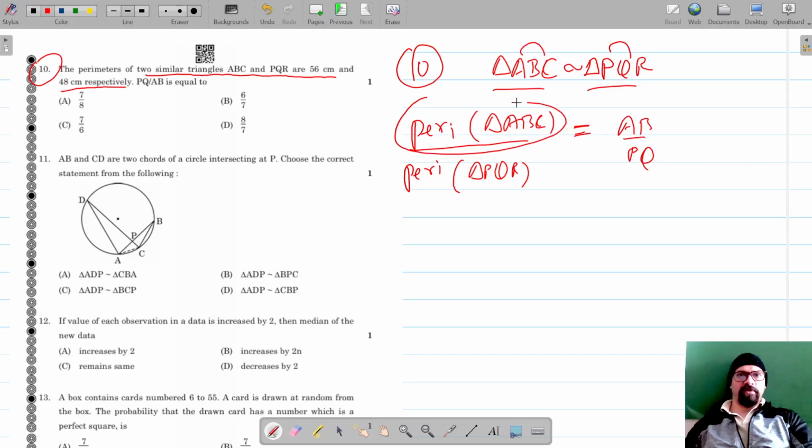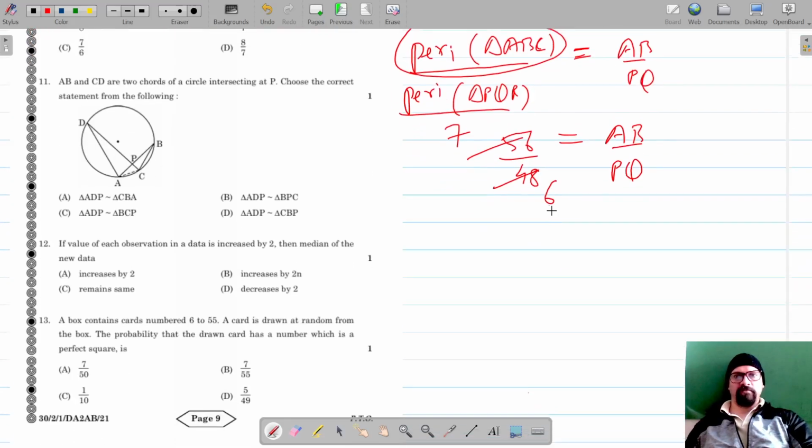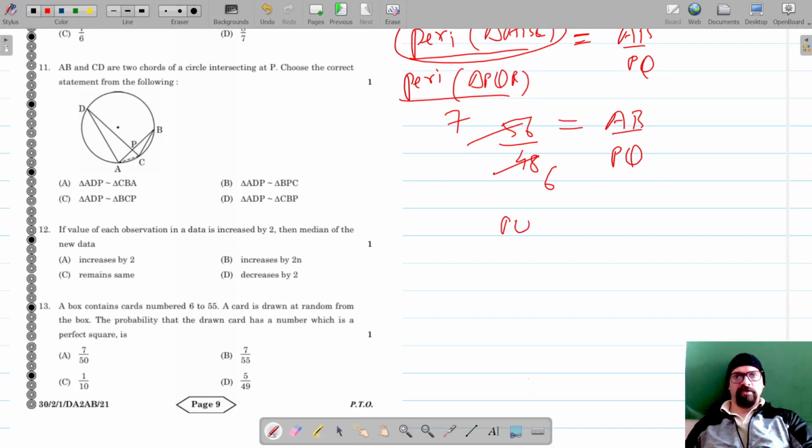The perimeter of triangle ABC is 56, the perimeter of triangle PQR is 48, and we have to find PQ by AB. So let's find AB by PQ. 8 7s are 56, 8 6s are 48, so this is 7 by 6. So PQ by AB is equal to 6 by 7.